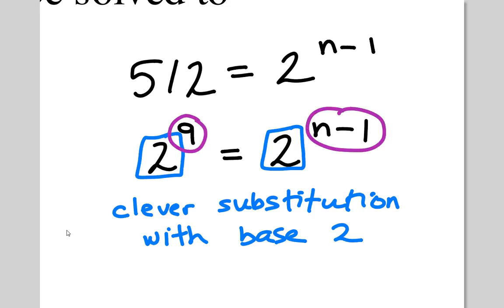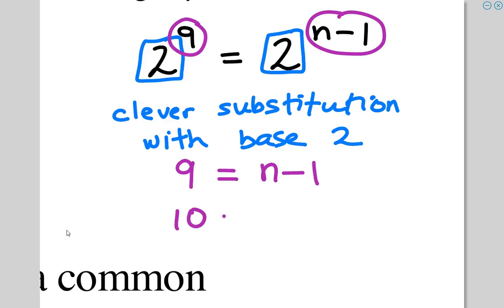That they're the same. Good. If 2 is the same as 2, then what's left to be the same? 9 must be the same as n minus 1. And then to solve this, it's just n is 10. Just add 1, right?